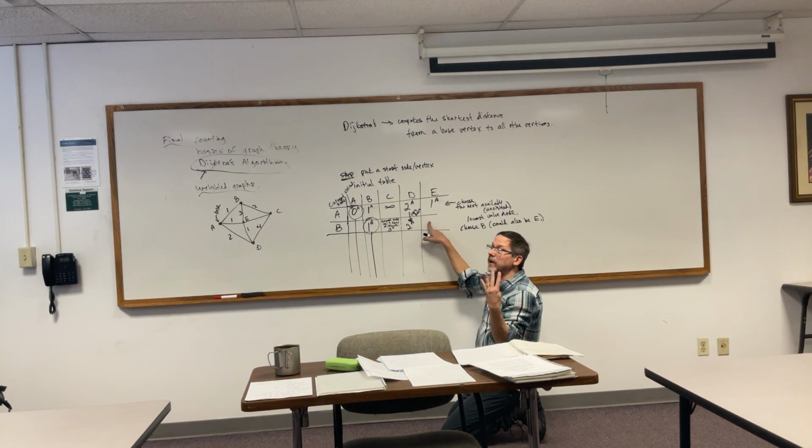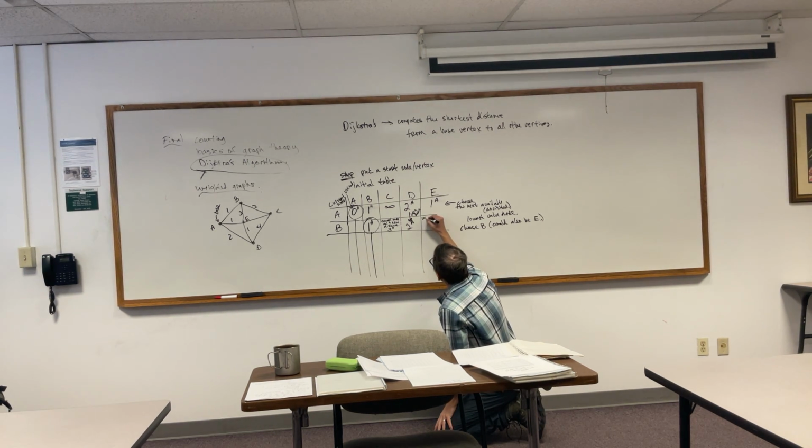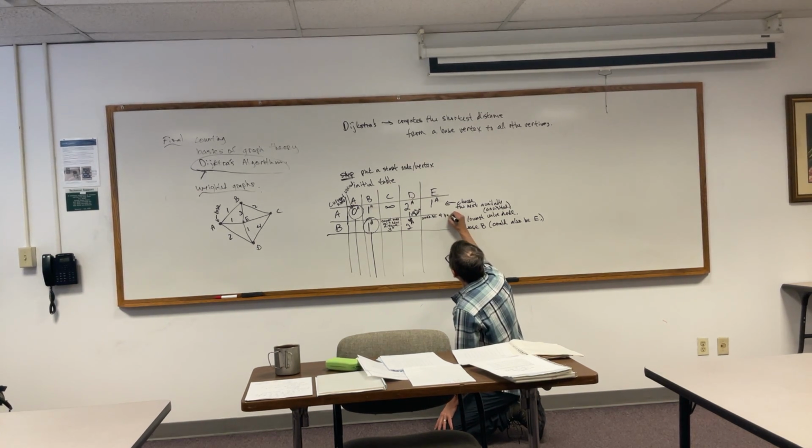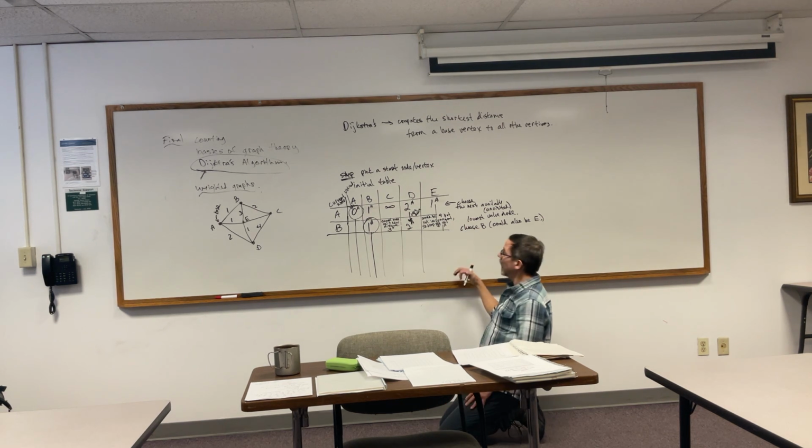But I only update if it's an improvement here. So let's maybe write that here. So would be 4, but that's not an improvement. So I don't write it and I just keep this old value. So keep old val and just bring it down, and that stays at 1A right there.